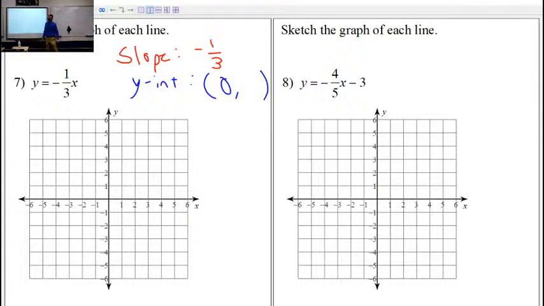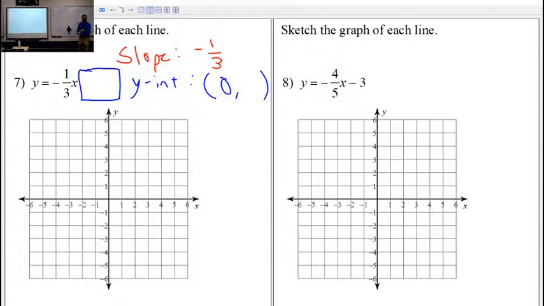Remember, y-intercept I always write as a point. It's got an x-coordinate of 0. And the y-coordinate, usually we'd look right here for the y-intercept. It's not there. Now in our slope-intercept form, we usually say we're adding something. But in this case, we're not adding anything.